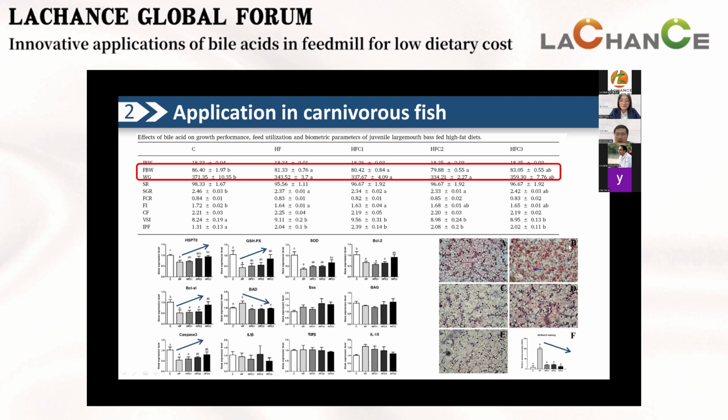Here is the high-starch group. We can see there are lots of lipids accumulated in the liver of the fish, and after we supplemented bile acids in the diet, the lipid content was reduced.